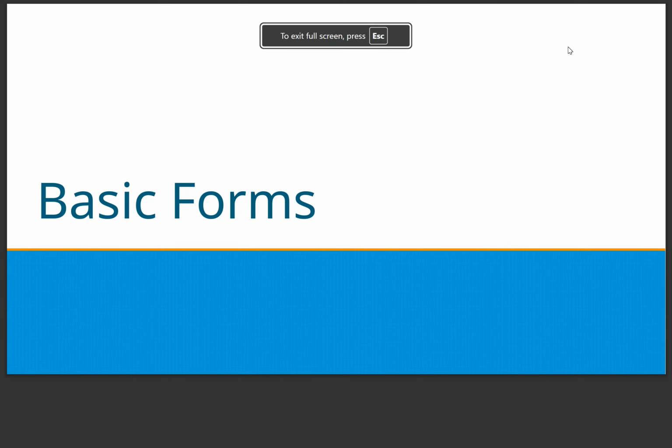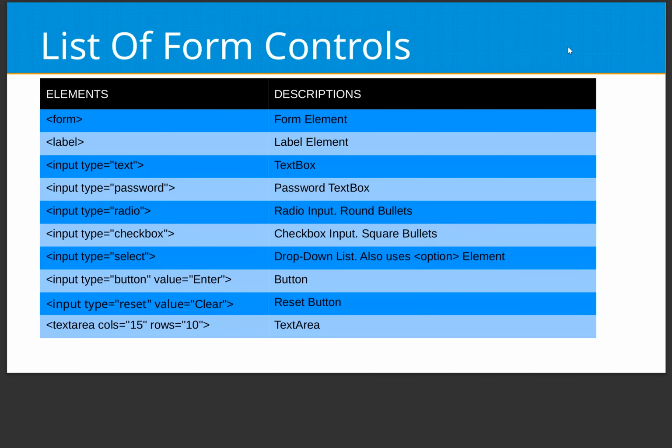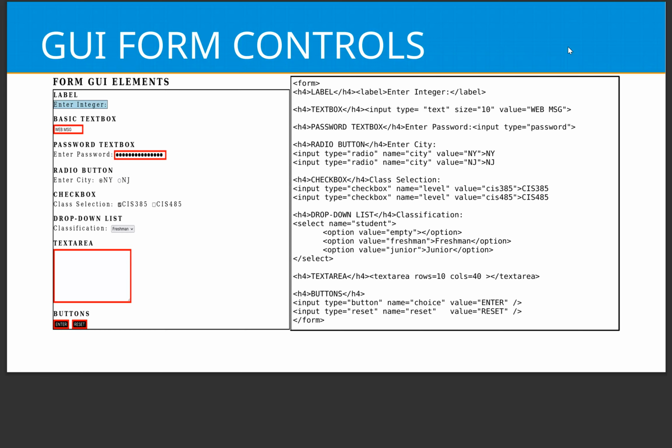Okay, so basic forms. Forms are basically the unit that allows the user to enter data, like when you write a program in Java and prompt the user for some data. Forms are the way that you enter data. We have different controls or graphical elements. The text area allows the user to enter multiple sentences.